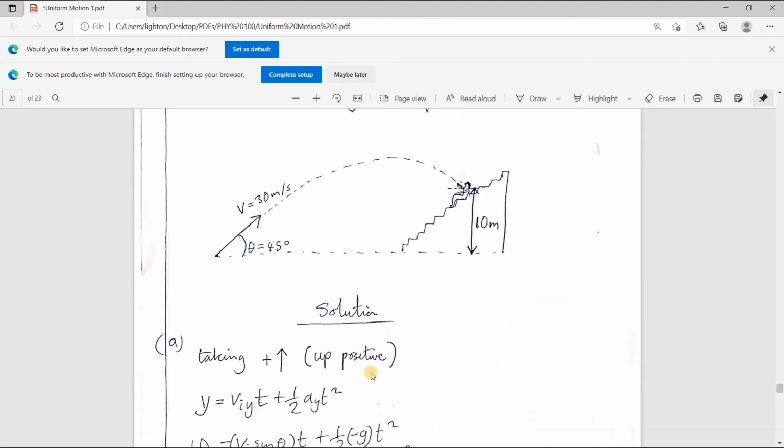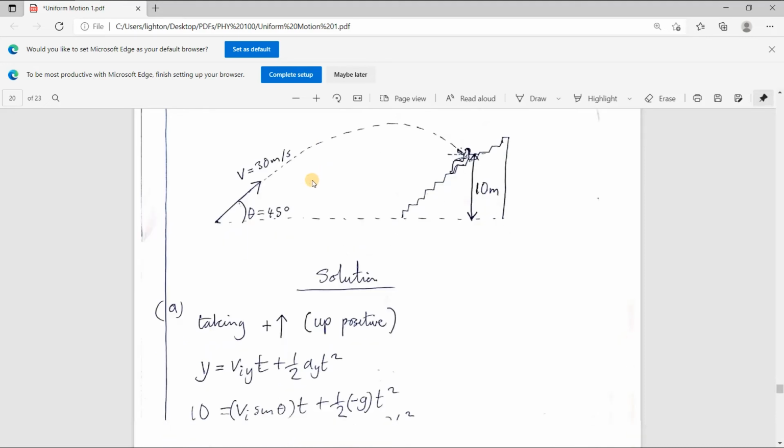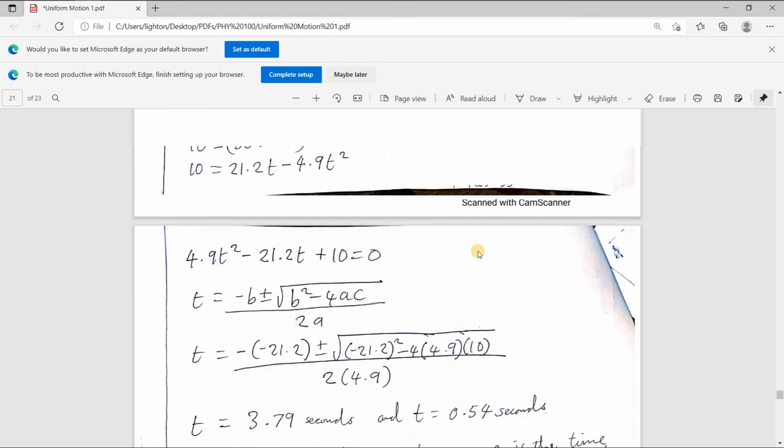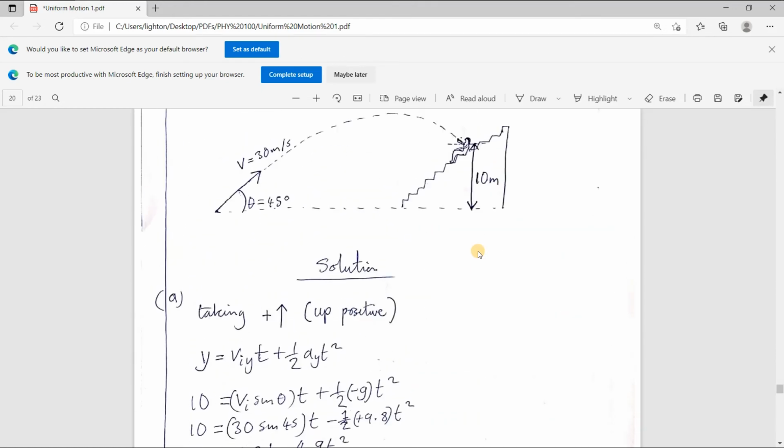So on its first way up, at the point where it got to 10 meters, it was at a time of 0.54 seconds, as we have calculated. This time was its first point at which it was 10 meters, so this is the first point on its way up.